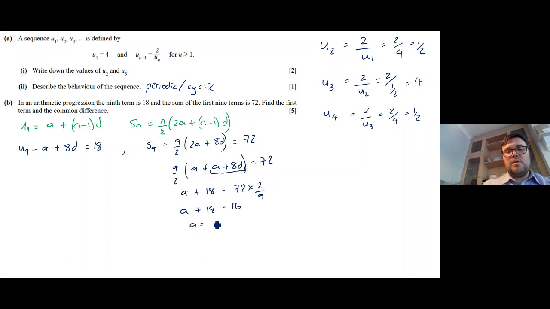Move that across, a equals 16 minus 18, which is minus 2.